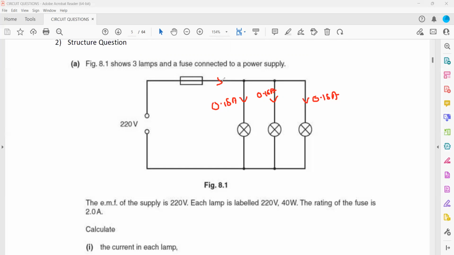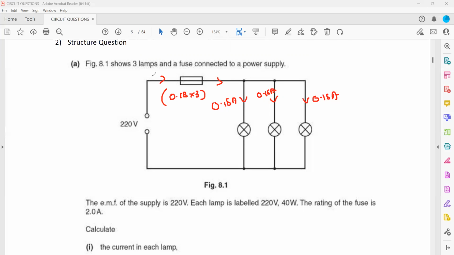As you can see, the total current divides into the branches. There are 3 lamps, so 3 branches, and each is 0.18. So the total will be 0.18 times 3, which gives the total current in the fuse or from the supply. 0.18 multiplied by 3 is 0.54.